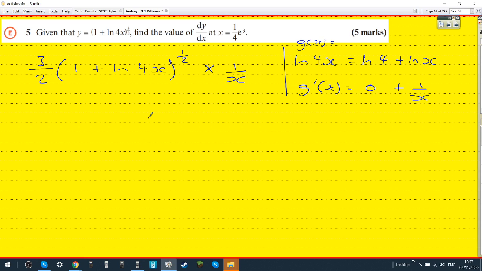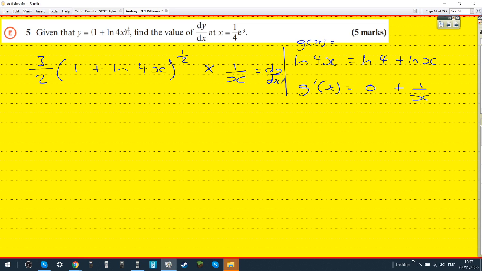Okay, what is next? So that's a differentiation. So I now need to get the gradient, don't I?